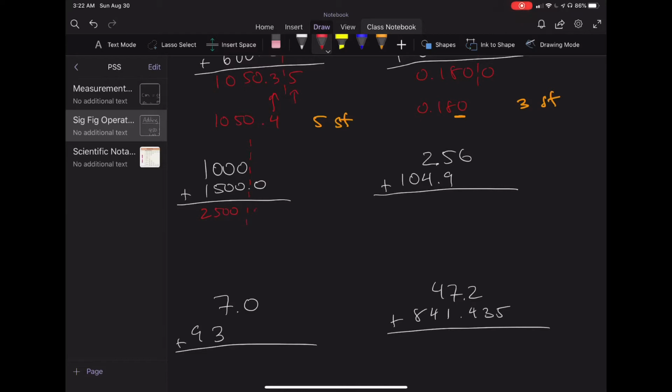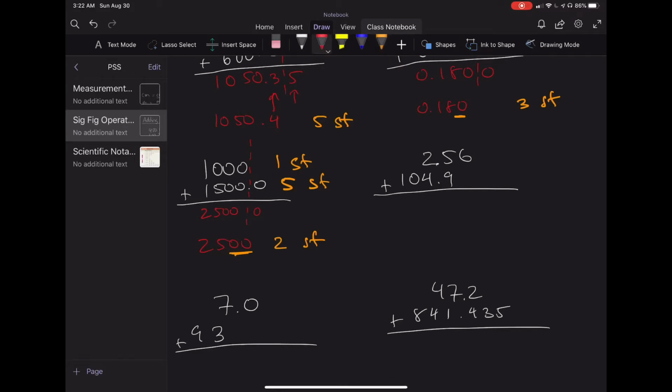And I'll go ahead and add in that last 0 just to clarify, but that 0 is again beyond the dotted line. So we just write 2,500. That first quantity of 1,000 only had 1 sig fig. The second quantity of 1,500.0 actually had 5 sig figs. But our final answer only gets 2 sig figs because these zeros don't count, because those are placeholder zeros.